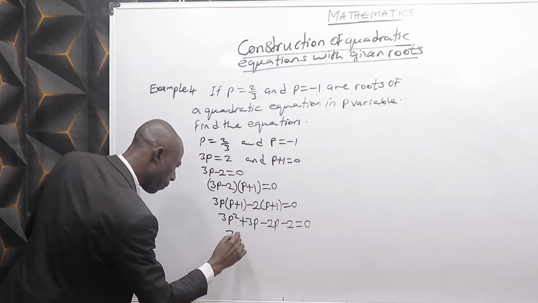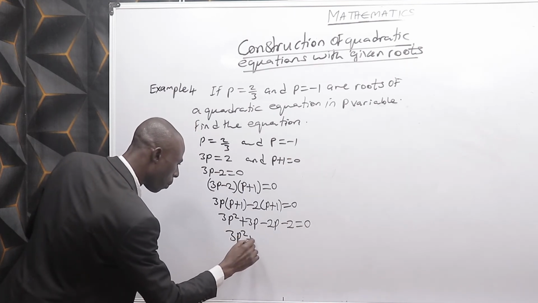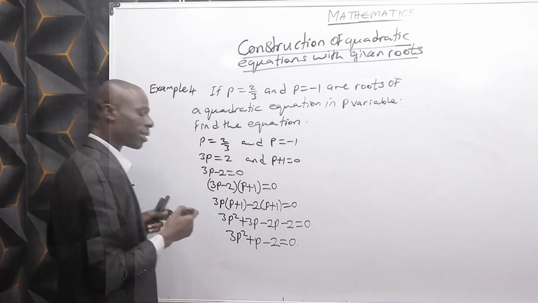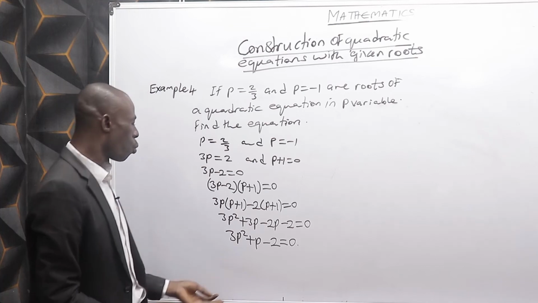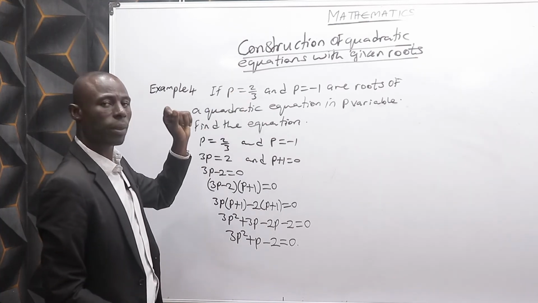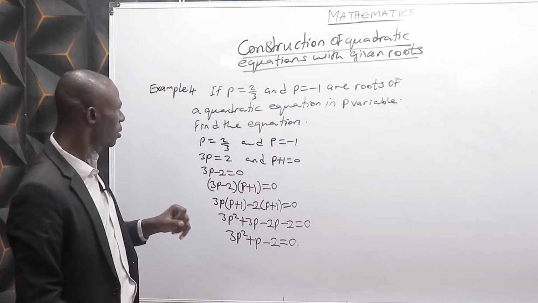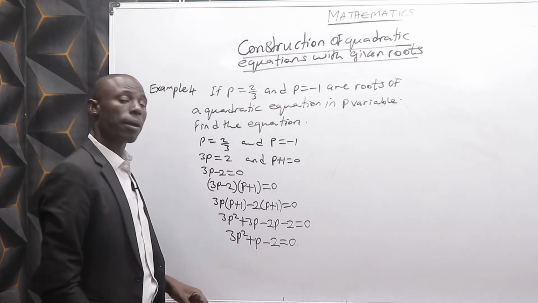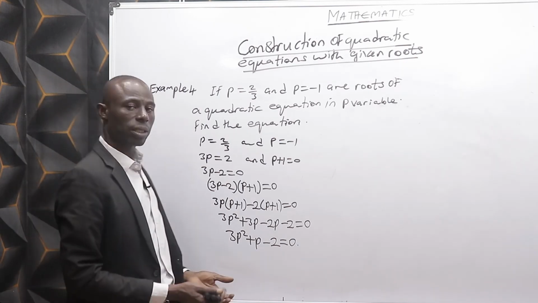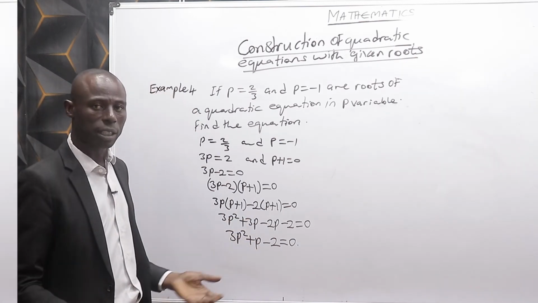So you have 3p squared plus p minus 2 equals 0. And that is it. The quadratic equation whose roots are 2 over 3 and minus 1 is 3p squared plus p minus 2 equals 0. That is the quadratic equation. You can see it is in p variable.